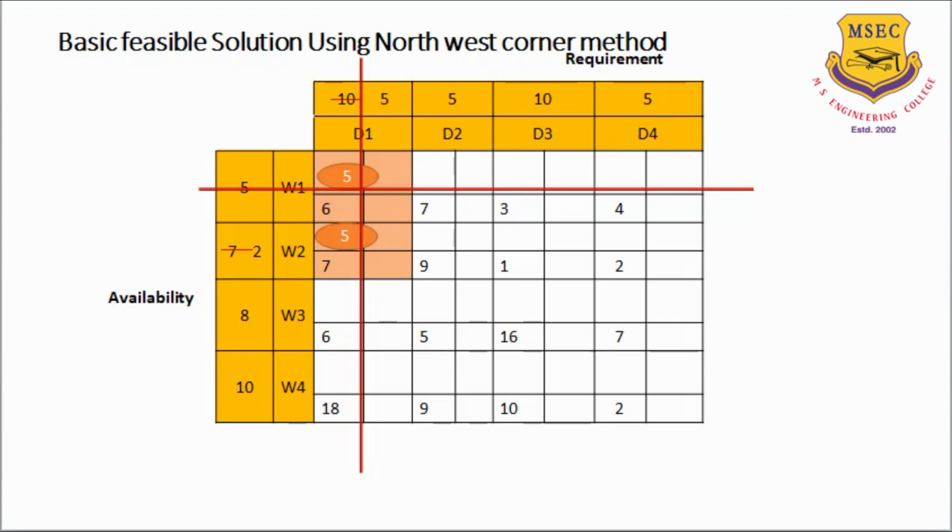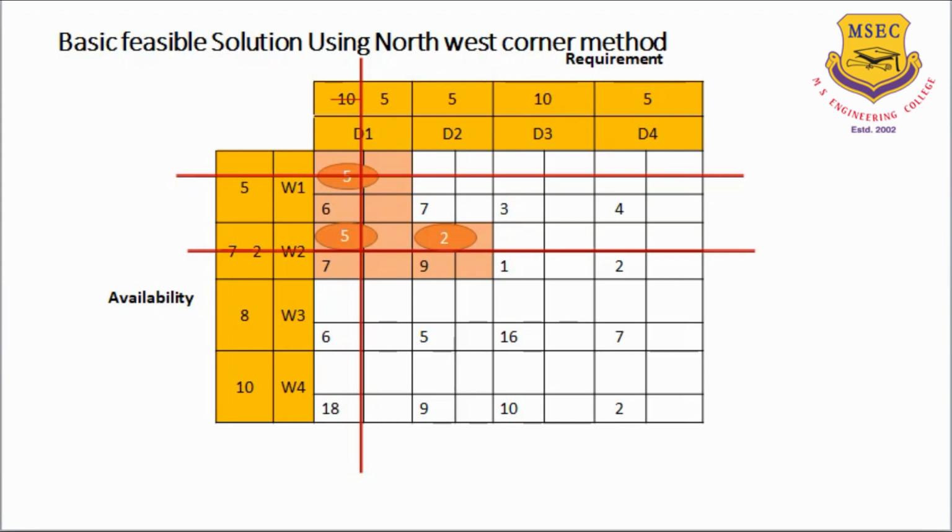The next northwest corner cell is W2 D2, where the availability is 2 units and the requirement is 5 units. So, we make an assignment of 2 units from W2 to D2. Now the availability at W2 is exhausted, so we cancel the W2 row and reduce the requirement at D2 to 3 units.